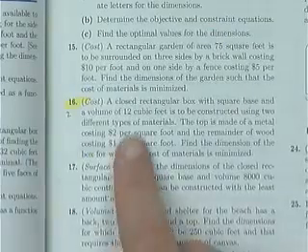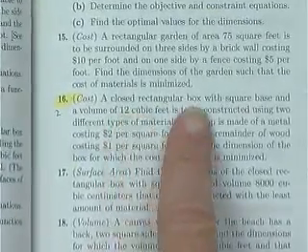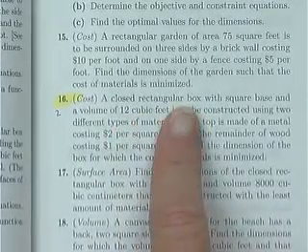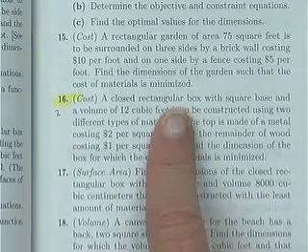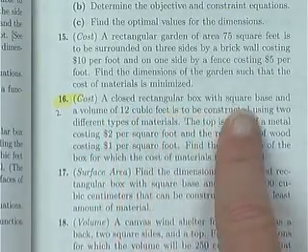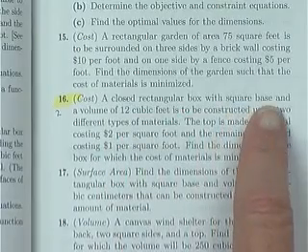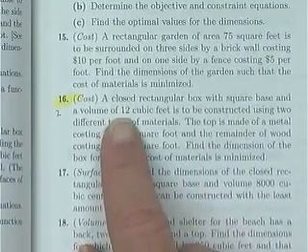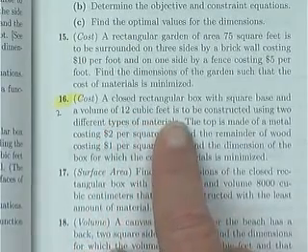Okay, we're going to look at problem number 16. We have a closed rectangular box. That means it has a top on it, closed. If it doesn't have a top, it's called open. So we have a closed rectangular box that happens to have a square base, and we know the volume of this box is 12 cubic feet.